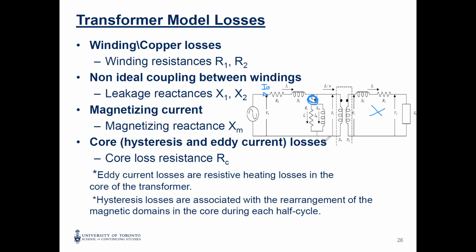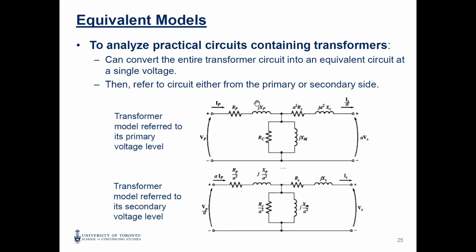Because no load current is small, I can move this part, of the primary or the secondary, to the other side. It doesn't matter, because this current is small. So at the end, the voltage drop here due to the I naught doesn't really matter.